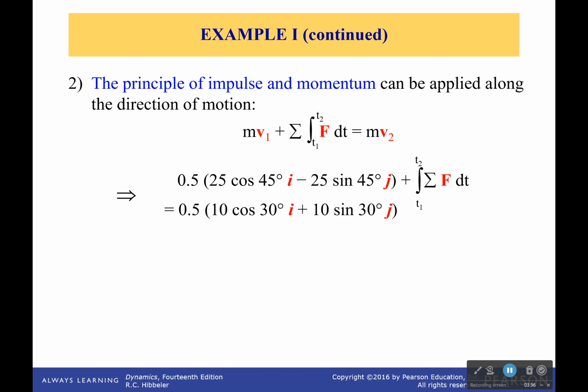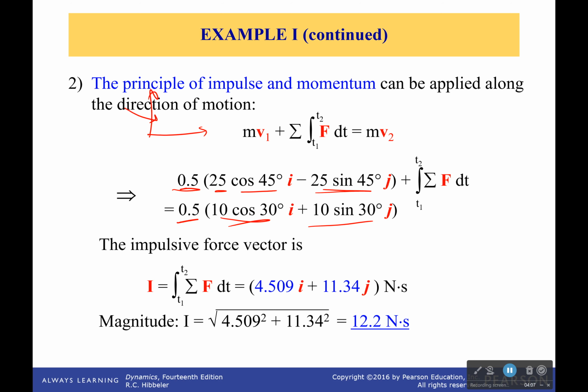In this case, we'll do it in vector form. And we look at all our values here. We have the mass out front, and then we break the velocity into components. So it's 25 cosine of 45 i. It's positive because it's going in the positive x direction, but the second component is negative because it's going down. In the second case, we still have a positive x velocity and now a positive j velocity.